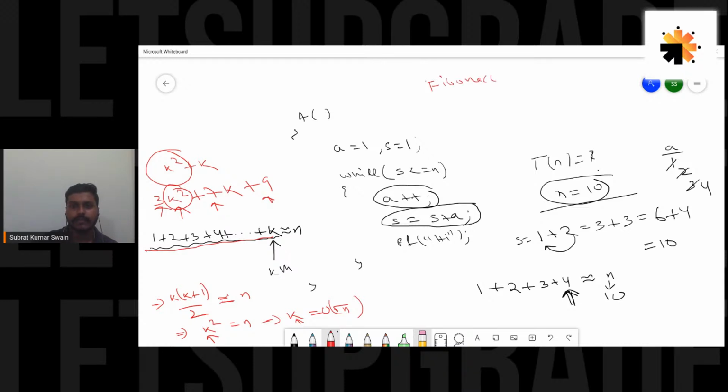If you have ever done the Fibonacci series, you can say this takes exponential time complexity.